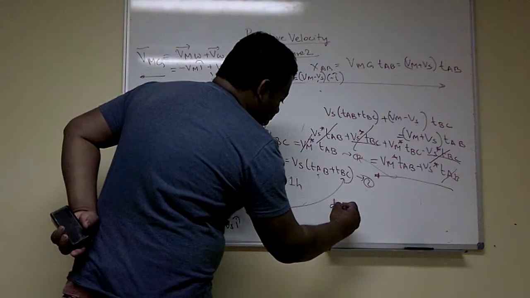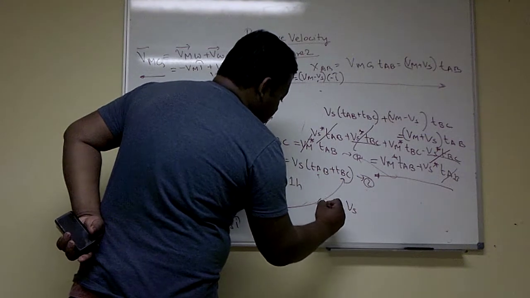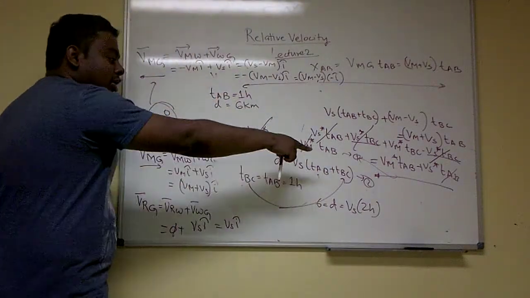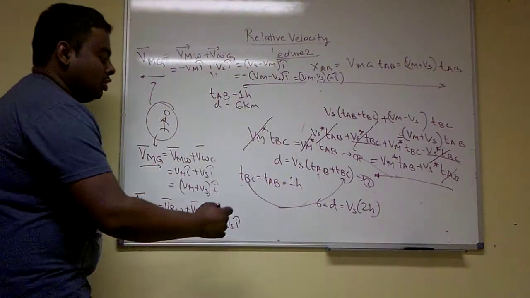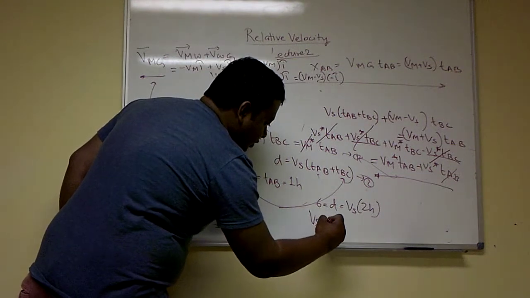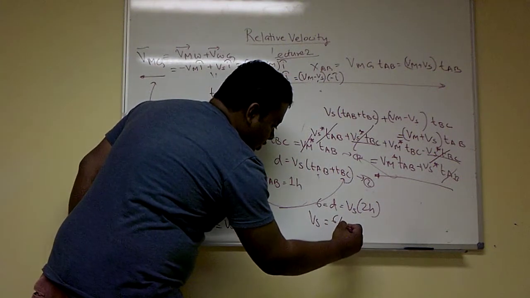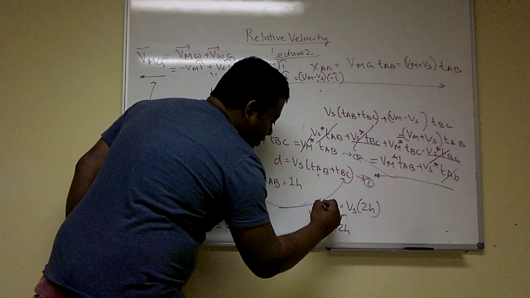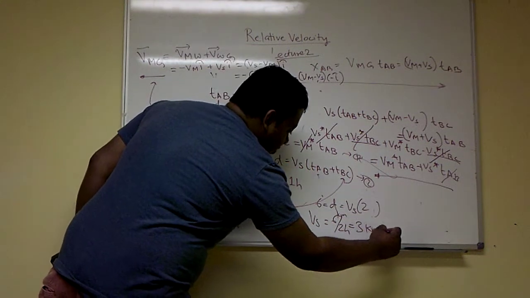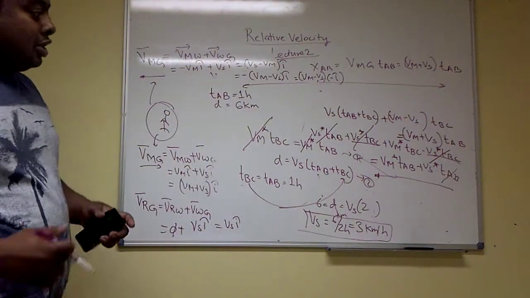So D, which is 6 kilometers, is Vs times 2 hours, because TAB is 1 hour and TBC is another hour. So Vs, the stream velocity which we are required to figure out, becomes 6 kilometers by 2 hours, or 3 kilometers per hour.